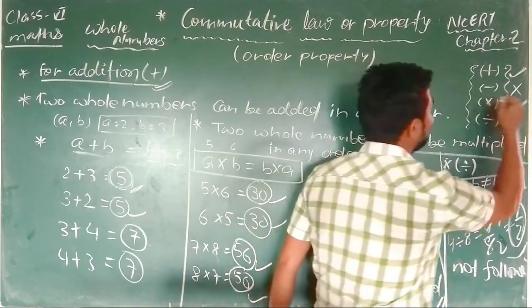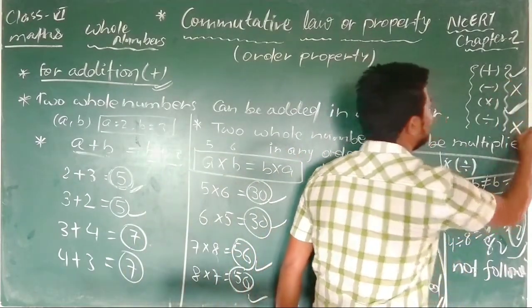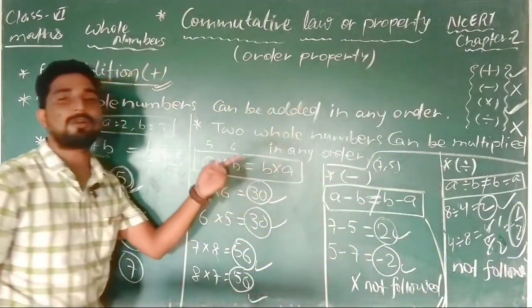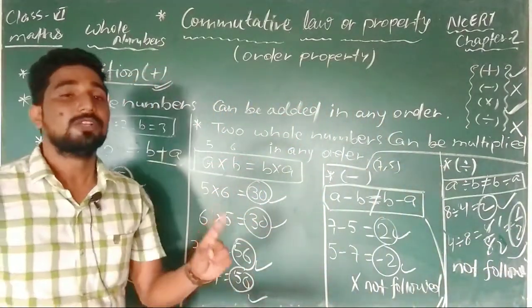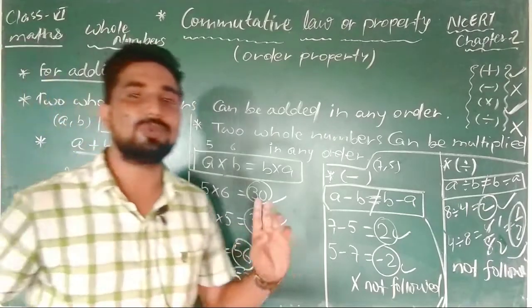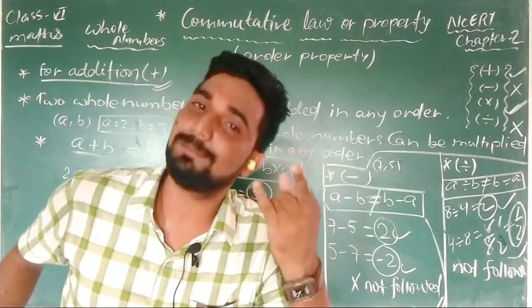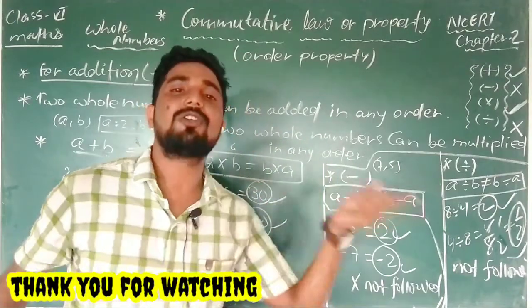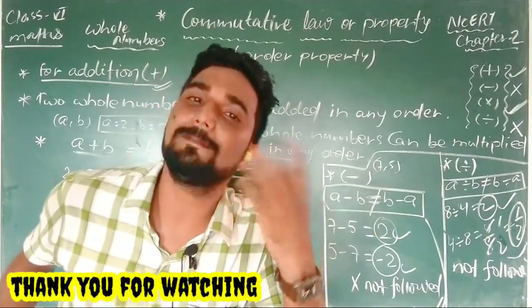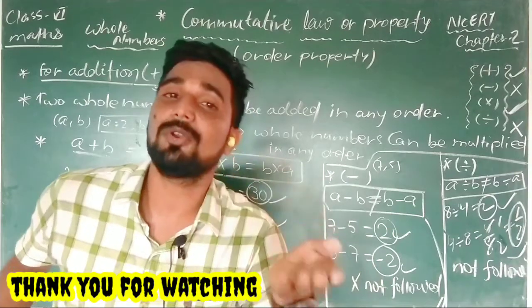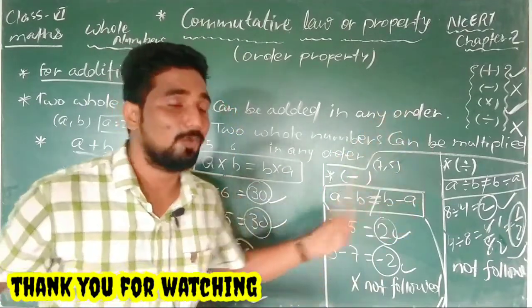So you have seen that for subtraction and division it is not followed, for addition and multiplication it is followed. This property is discussed here, and closure property was also followed for addition and multiplication. This property is also followed for addition and multiplication, and does not follow for subtraction and division. Why?